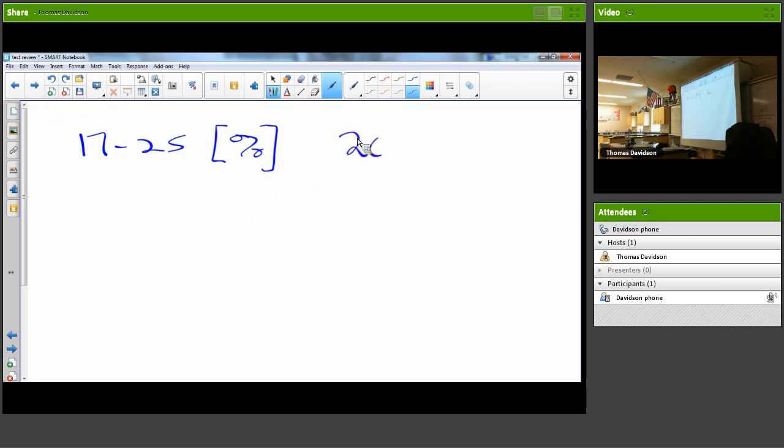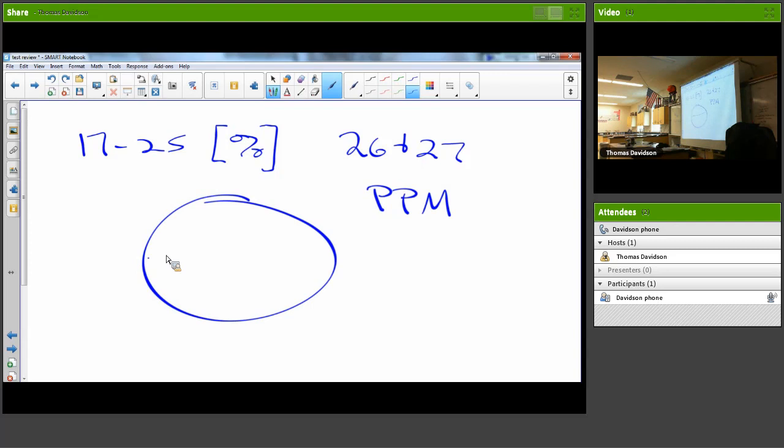26 and 27 are parts per million. Use the circle because almost everyone gets this question wrong, and it's so easy. I asked you for milligrams, giving you the other two. So what do you do? Multiply. But almost every single human on the planet divides.